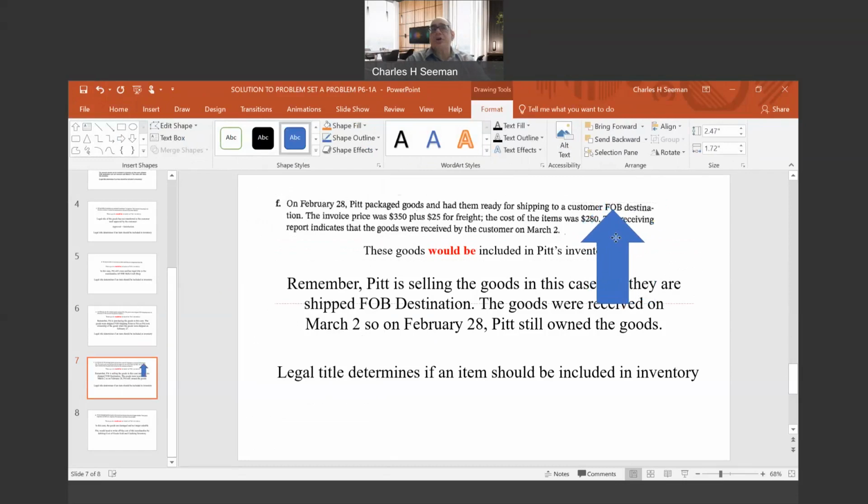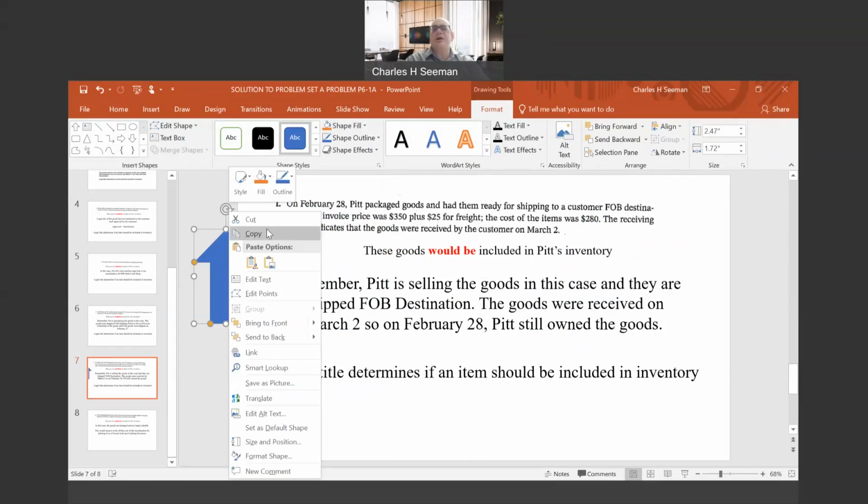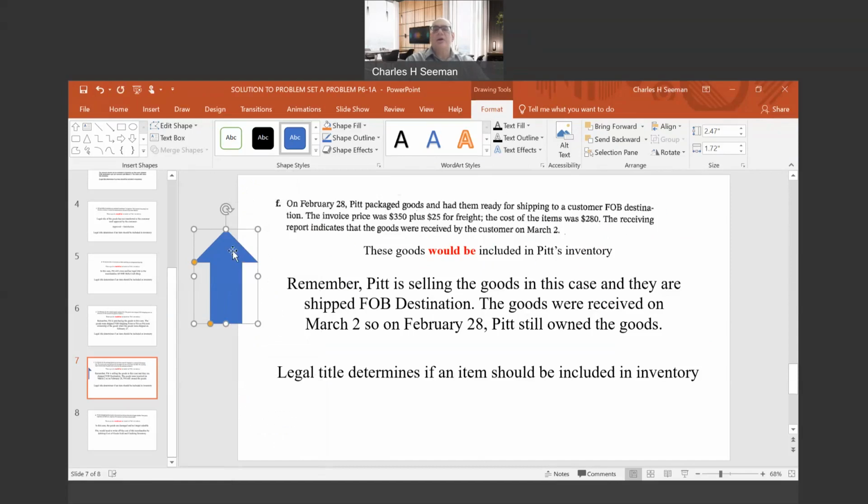So the customer takes ownership of the goods when they reach the customer's dock. In this case, that didn't happen until March 2nd. So on February 28th, Pitt still owned the goods. These goods will be included in Pitt's inventory. Remember, Pitt is selling the goods in this case, and they are shipped FOB destination. The goods were received on March 2nd, so on February 28th, Pitt still owned the goods.